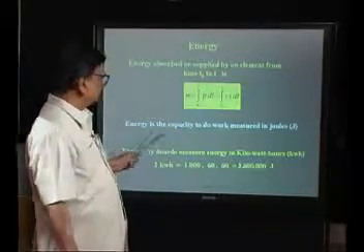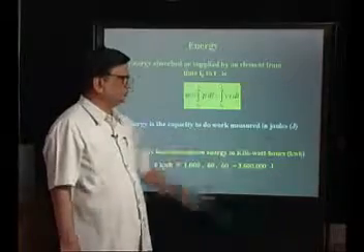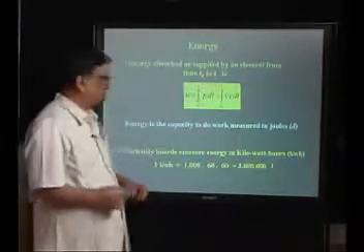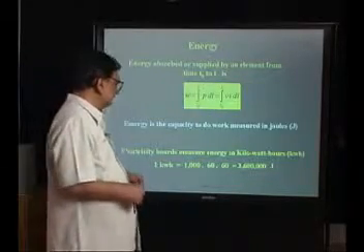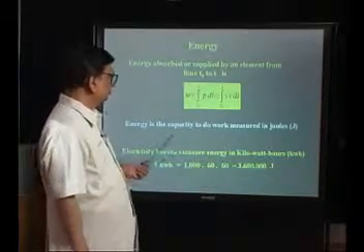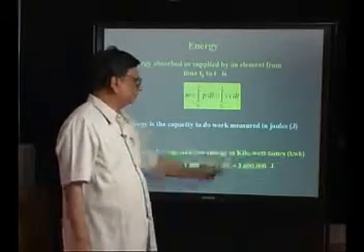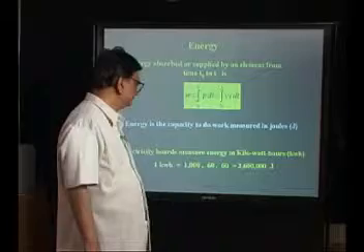So, energy is the capacity to do work which is measured in joules, but joule is a very small unit. So, in electrical engineering usually energy is measured in kilowatt hours, we call that as 1 unit.